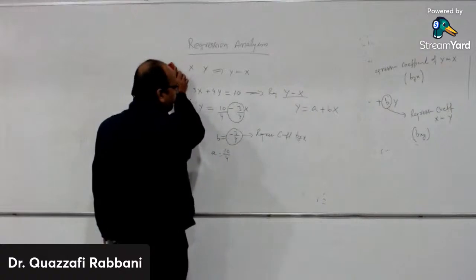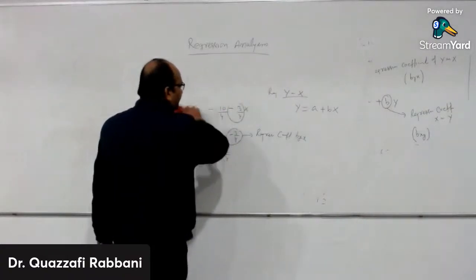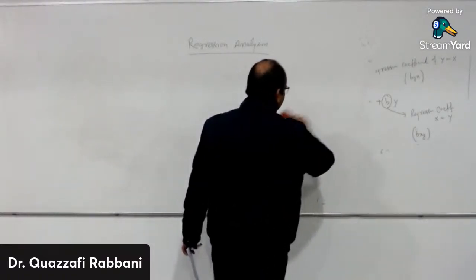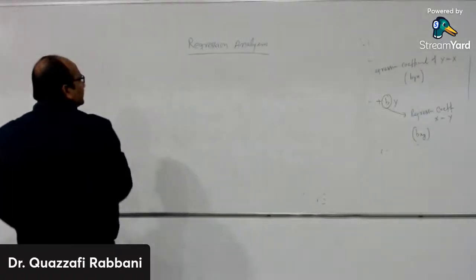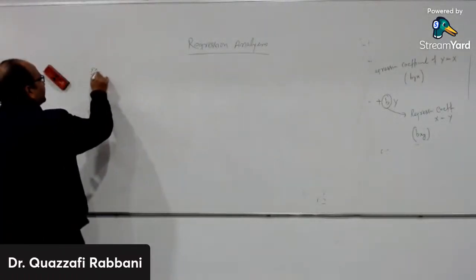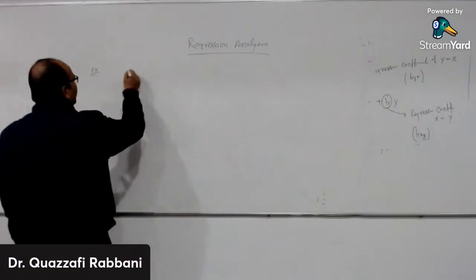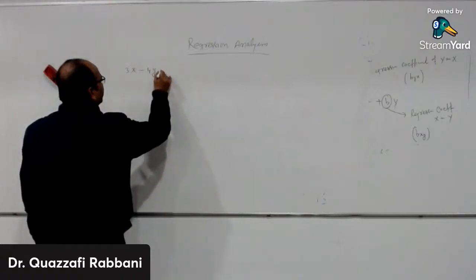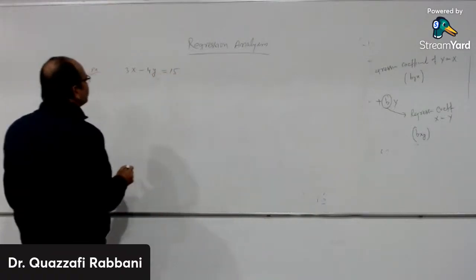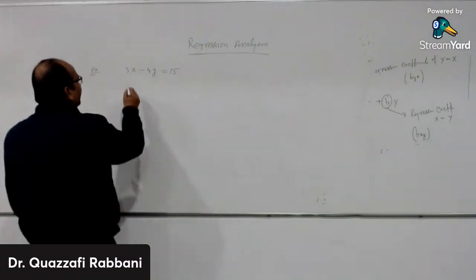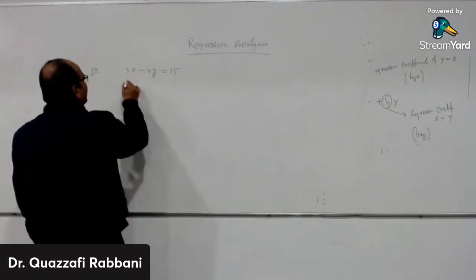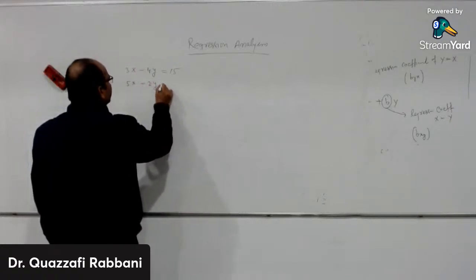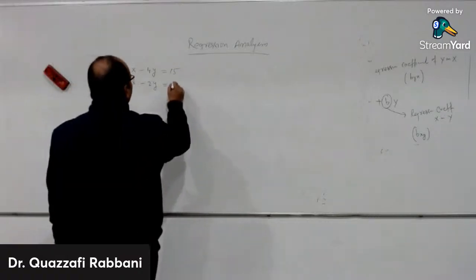Some more examples. Suppose we are given two equations: 3x minus 4y is equal to 15, and 5x minus 2y is equal to 20.